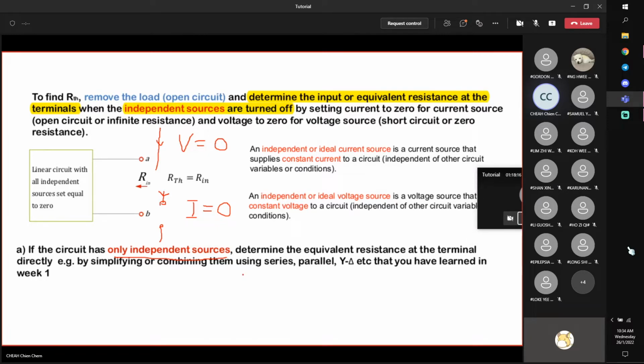Go back to last week: just simplify using series and parallel, and use Y-delta only when necessary. Do not start using it immediately. Only if you simplify halfway or cannot simplify any further, then you start using Y-delta.